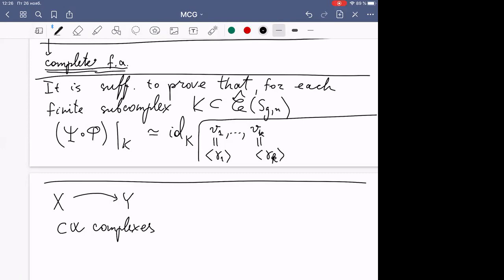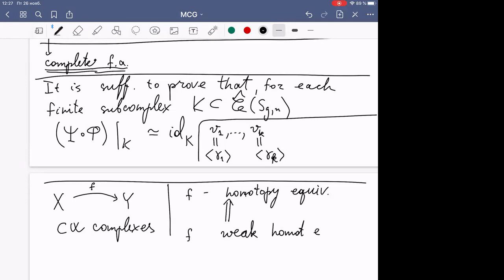Namely, if we would like to prove that a map is a homotopy equivalence, yes, this is only for equivalences, this will follow if we prove that F is a weak homotopy equivalence. For CW complexes, this is the same as homotopy equivalence.